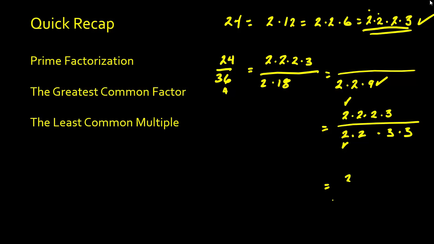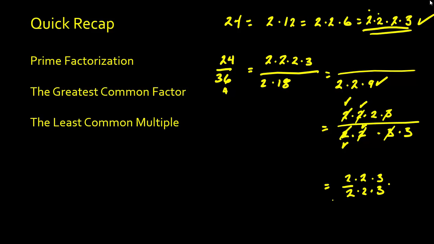So we'll have 2 over 2. We have 2 again. That's going to be times 2 over 2. And then we skip this next 2, and we see that there's 3 up and down. So that's going to be 3 over 3. I'll just cancel out everything that I've already used.